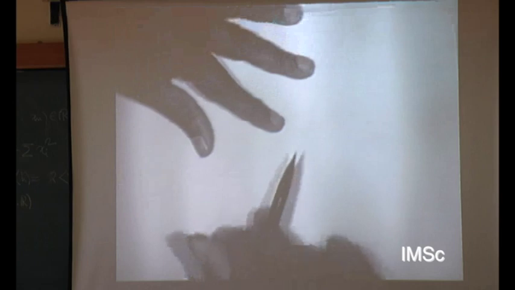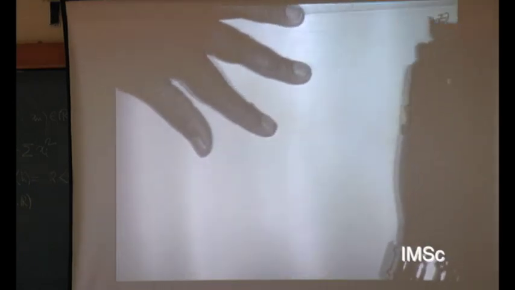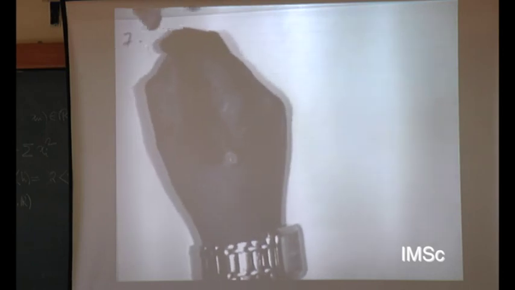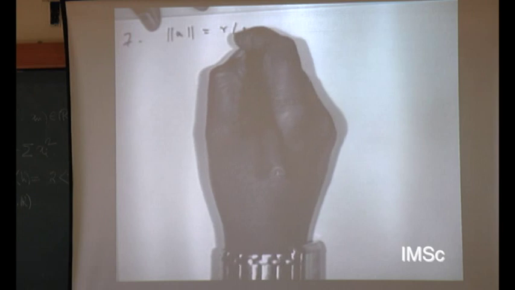Getting excited about getting to the heart of the proof. What do I want to prove? That the norm of A is the spectral radius.